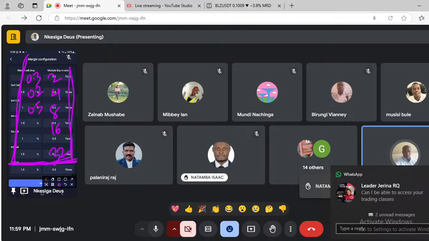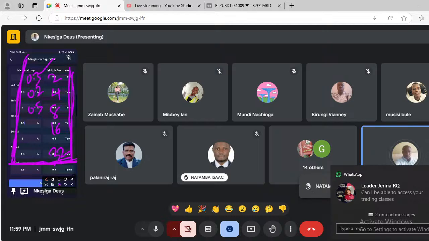Your coin is not coming. The coin keeps dropping. And when you go to your leader or the one who gave you this strategy, he will tell you, you know what? Can you get some money and we add more margin calls? Yet you used here 0.2, 0.3. Can you imagine?